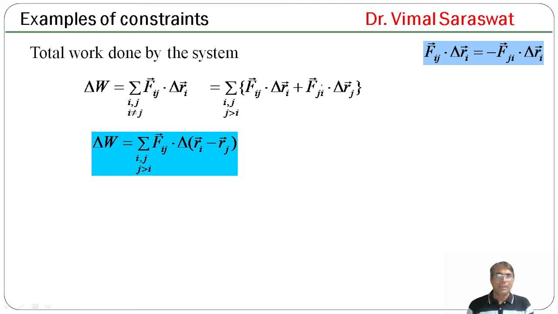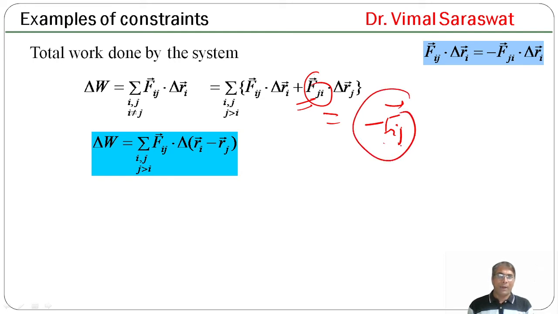But Fji is equal to minus Fij. So, if we substitute Fji by negative Fij, then del W equal to sigma ij, j greater than i, Fij dot del (Ri minus Rj).